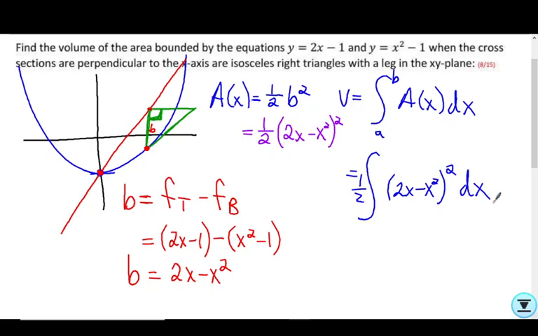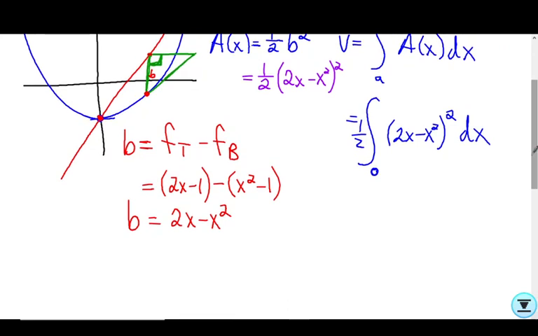Now I know one of my limits is going to be 0 already because they intersect. They both have that (0, -1) point in common. To find the other one, I need to set them equal to each other. So 2x minus 1 equals x squared minus 1, which means 0 equals x squared minus 2x.